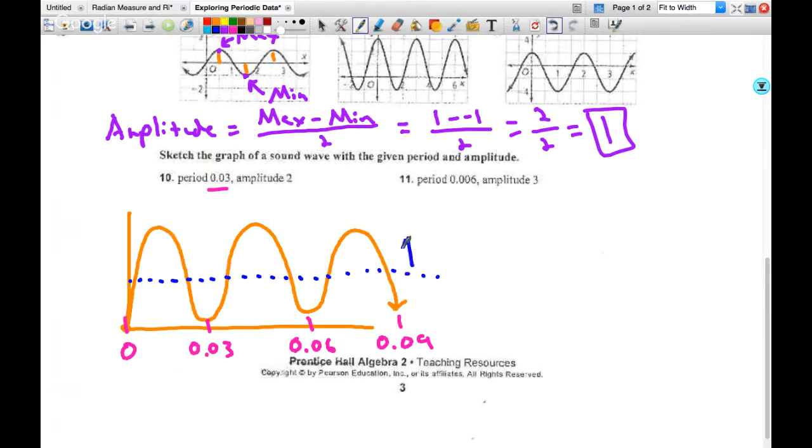It needs to be going 2 up from that midline and 2 down. When it goes 2 down, it hits 0. It's just the way we've drawn it. So this wave is oscillating from 0 up to 4, 2 in the middle there. All right, so we've met these two conditions for that problem with our drawing here.